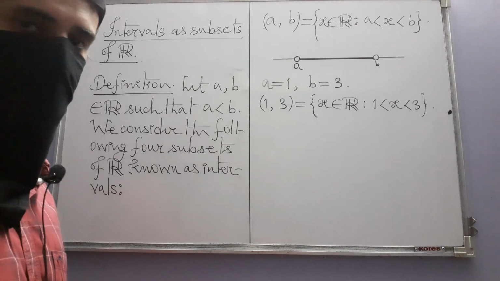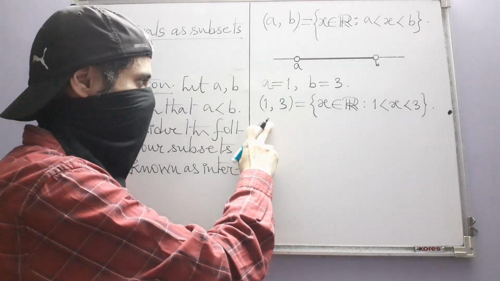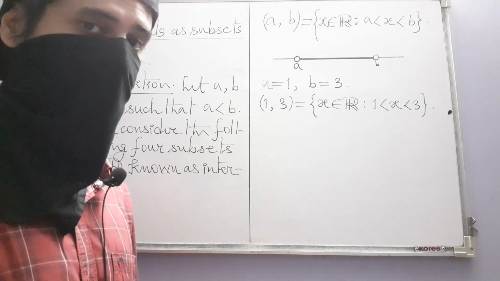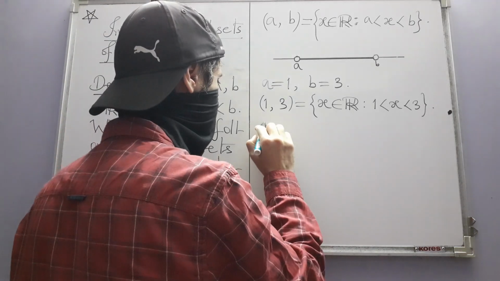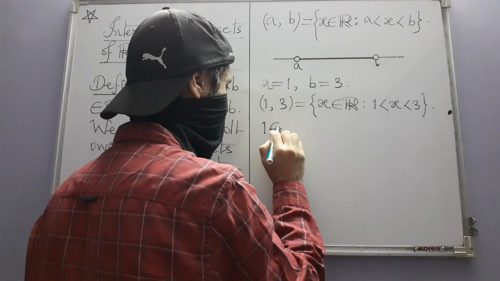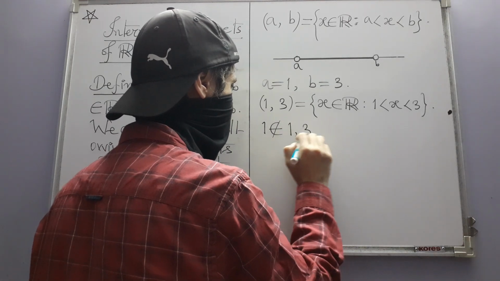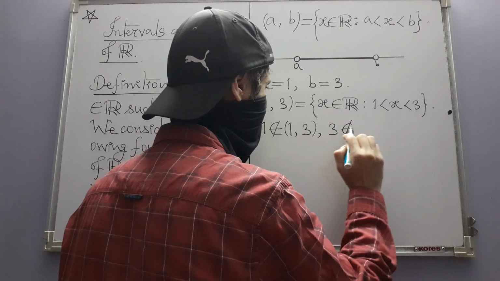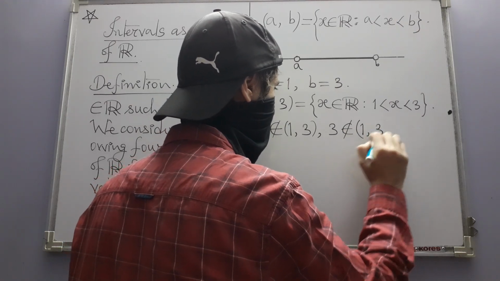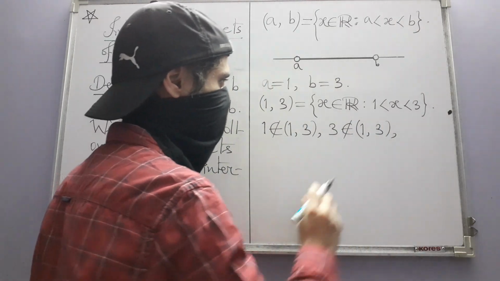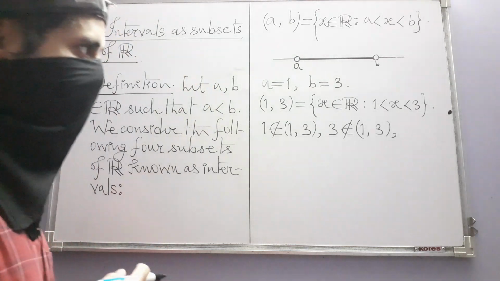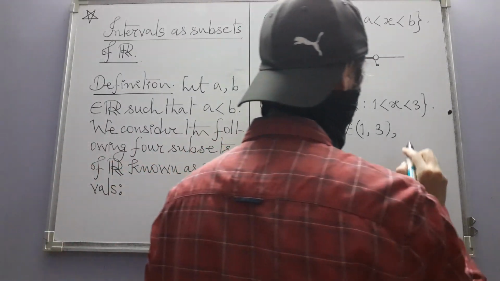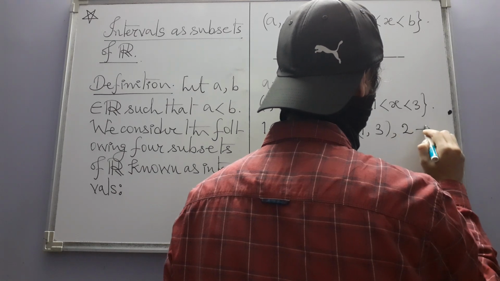Now let us take some real numbers and see whether each one of them belongs to this set or not, belongs to this interval or not. 1 itself does not belong to (1, 3). 3 does not belong to (1, 3). But those numbers which lie in between 1 and 3, all of them will be in (1, 3). For example, 2 belongs to (1, 3).